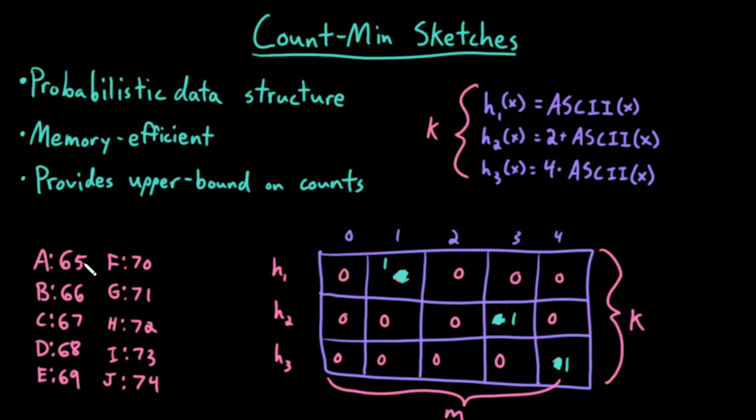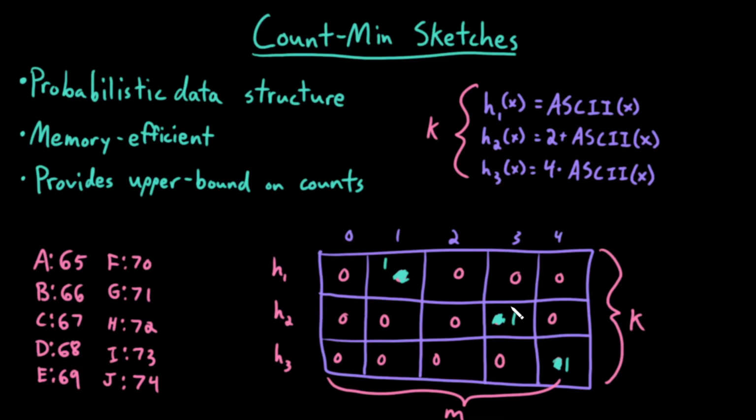Let's try one more example. Let's try finding the count of G. So 71 mod 5 is 1. So h1's row index 1 has a count of 1. 71 plus 2, so 73 mod 5 equals 3.